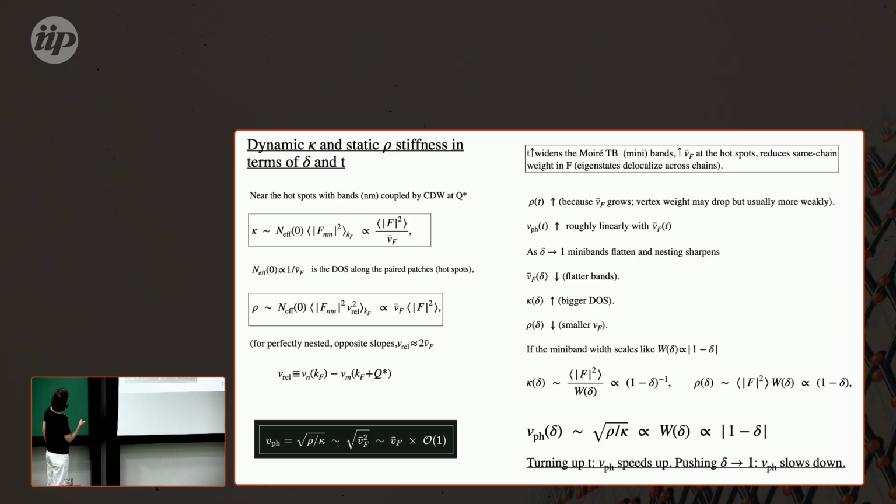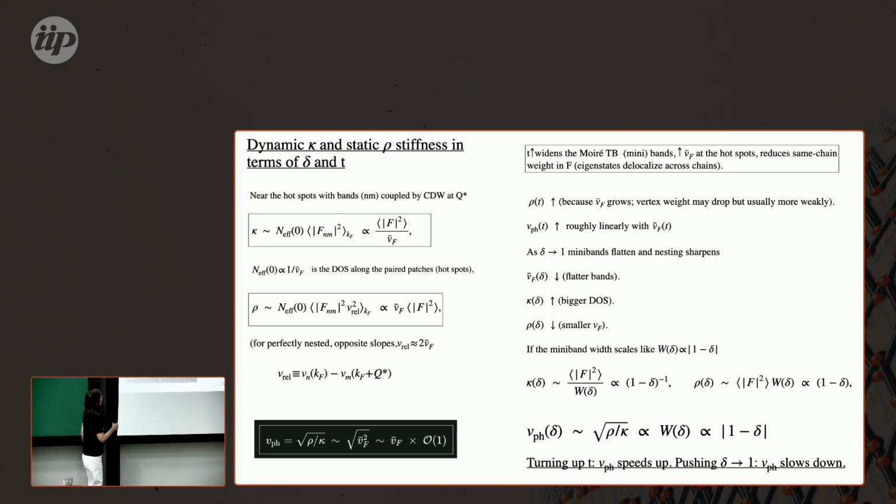Because the density of states is inversely proportional to the Fermi velocity, we have that kappa should be proportional to this form factor squared, divided by the Fermi velocity. For the case of rho, the static stiffness of the phason, it should be proportional to the density of states and also the form factor, and the relative velocity between the hotspots. So essentially proportional to the Fermi velocity and proportional to the form factor squared.